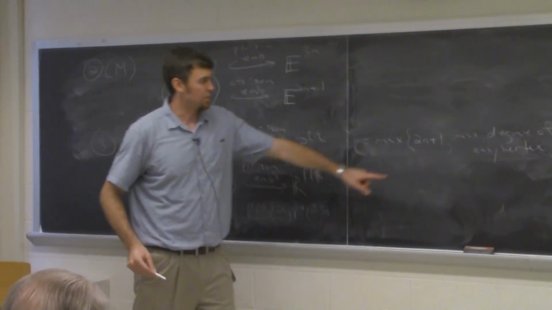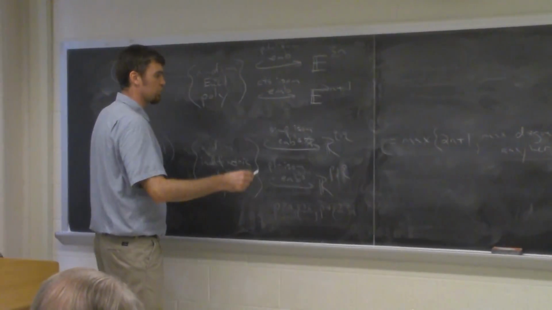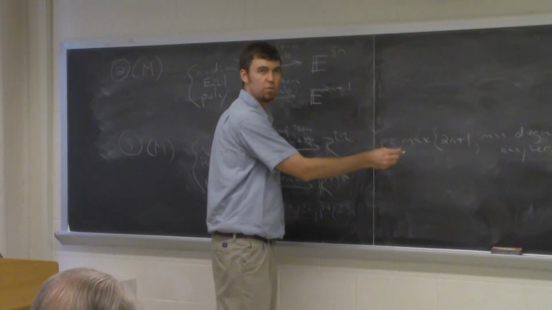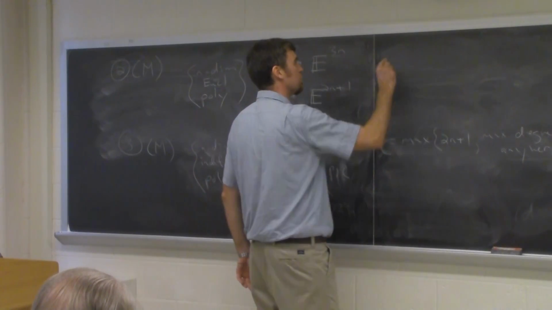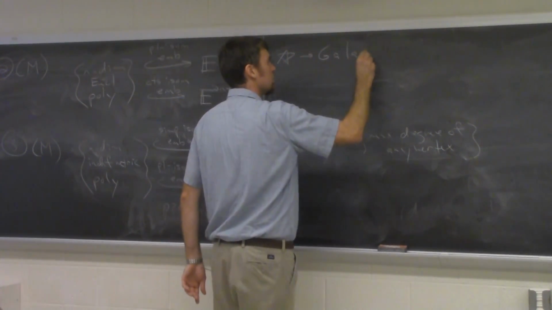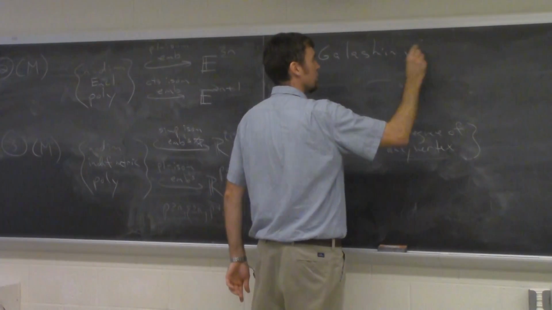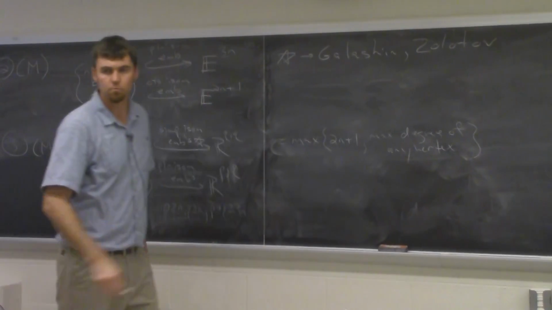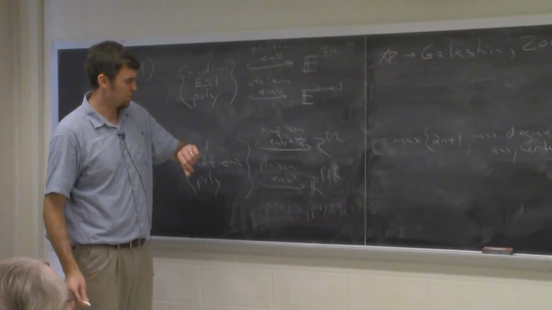But I showed that you needed this bound. And then two students working with Sergey Ivanov showed that in the non-compact case, you can get this exact same dimension. So this holds in both cases. The students are Galashin and Zolotov.